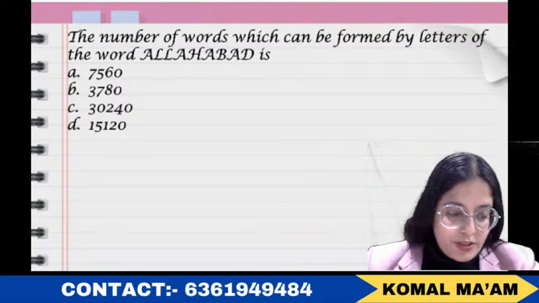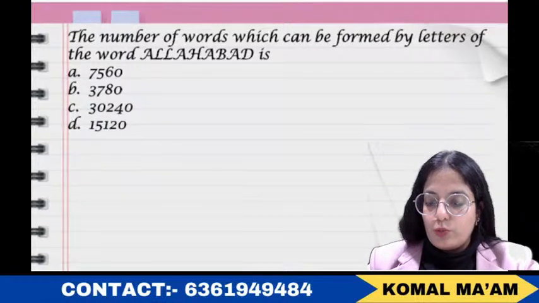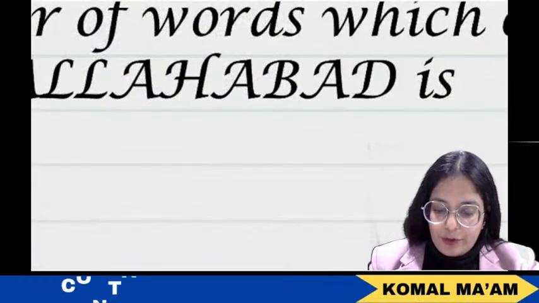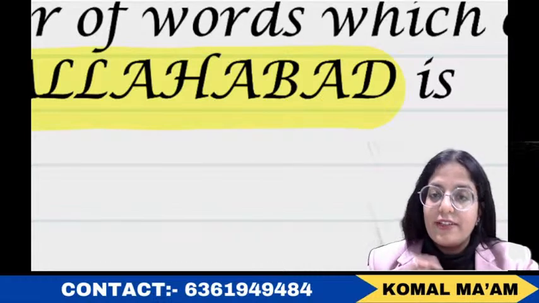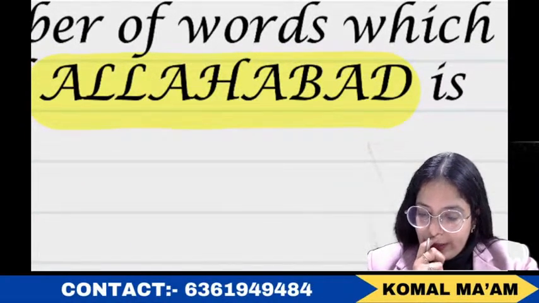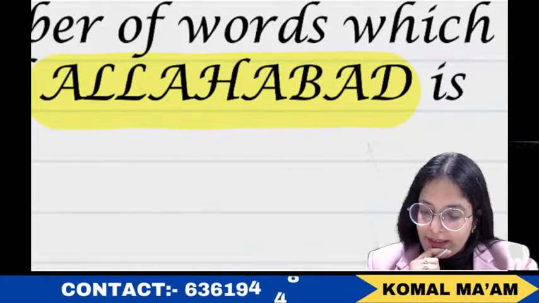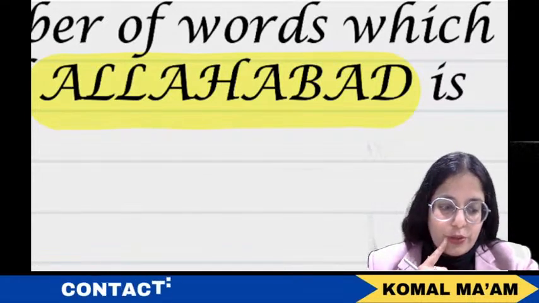Now what was the first step that I told you to do? I told you to observe the word very carefully and see whether there is any repetition. Yes, I could see A coming 4 times, L coming 2 times. Could you also see that?